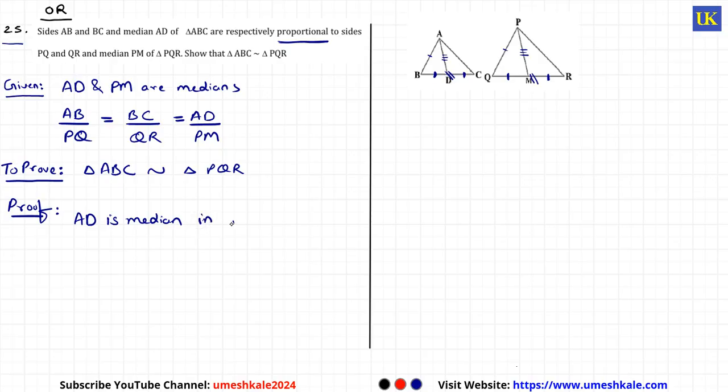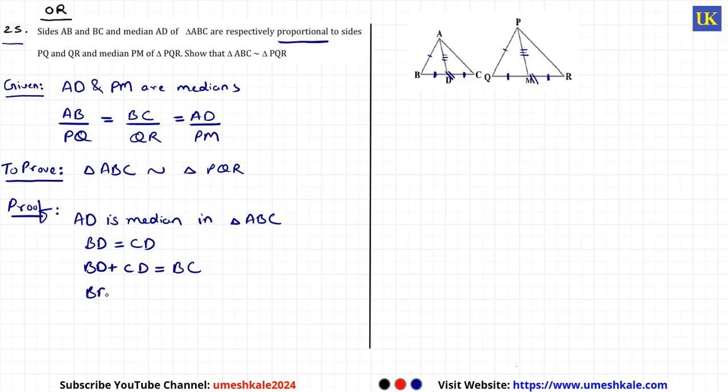In triangle ABC, I told you that a median has a property in which it divides the baseline into two equal parts. So we can say that BD is equal to CD, or DC, whatever you say. So BD plus CD is equal to the entire line BC.